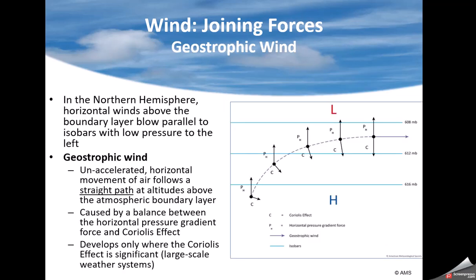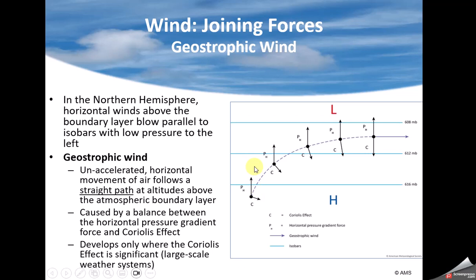Geostrophic wind. I talked about that some earlier. This is another way we try to simplify things. We're just looking at two forces here. We're looking at the Coriolis effect and the horizontal pressure gradient. So, say an air parcel starts out with a pressure gradient pushing it across, like here. We see this little pressure gradient here. It's pushing this air parcel to go that way. Coriolis force is beginning to turn it to the right.